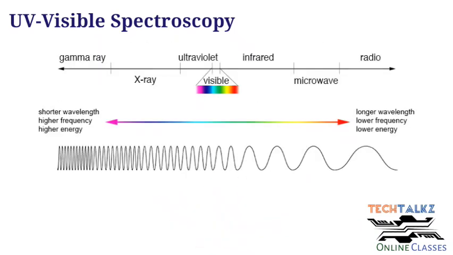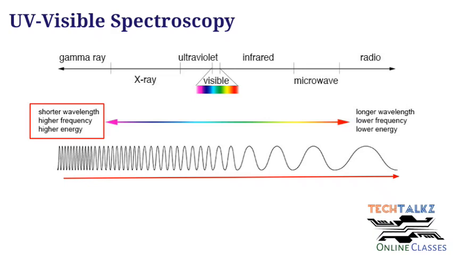Now we can check the wavelength of UV and visible light rays. This is the electromagnetic spectrum. From left to right, the wavelength of the light increases and energy decreases. We know that when the wavelength decreases, the energy increases. The UV and visible region is from 100 nanometer to 800 nanometer.